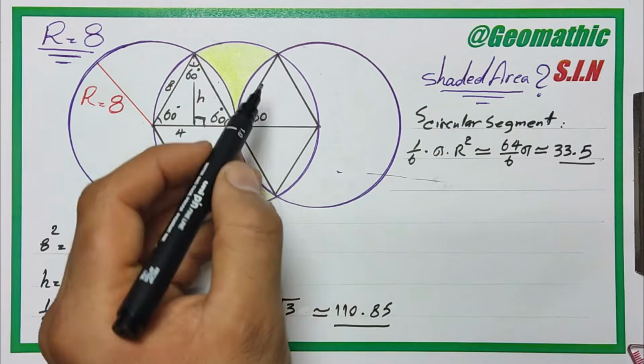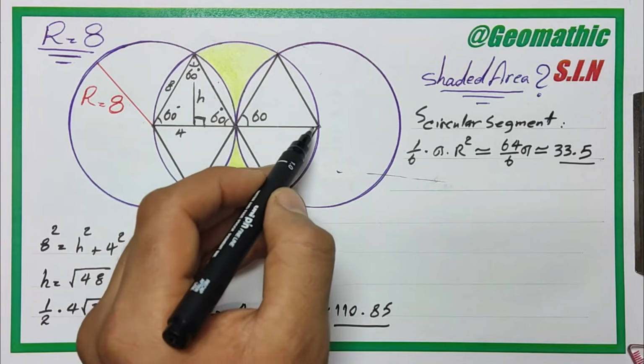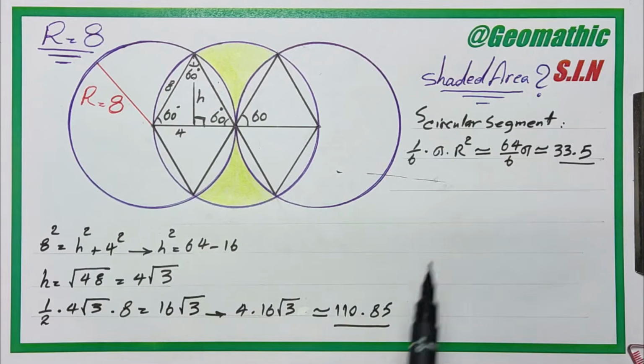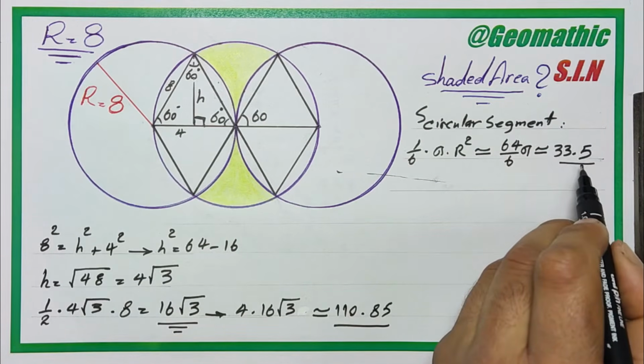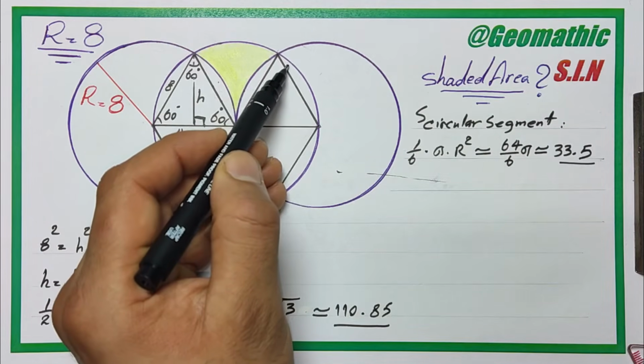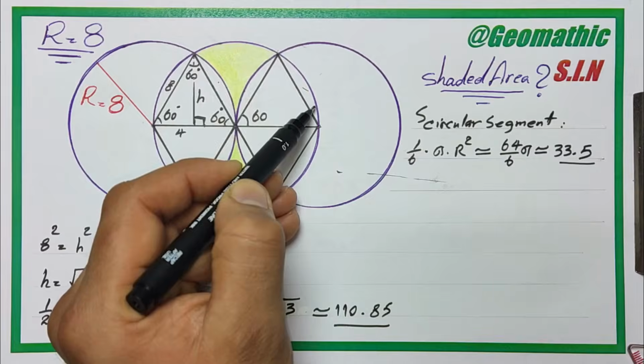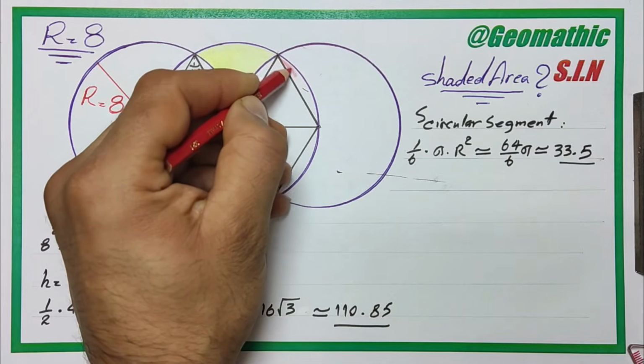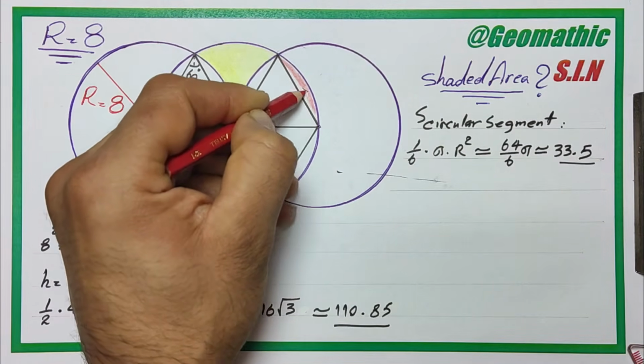And this is the area of the 1/6 circular sector, and we should subtract the area of a triangle from this value to obtain the area of each circular segment. So I show this area by red color.